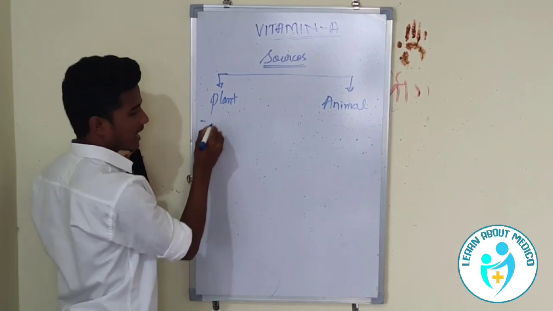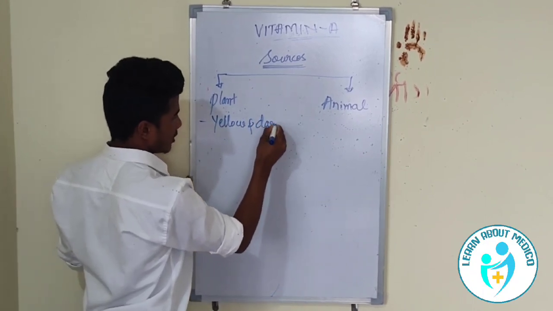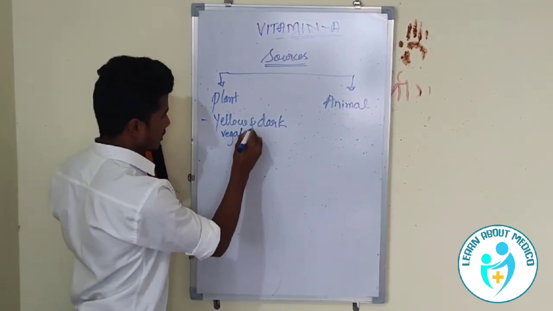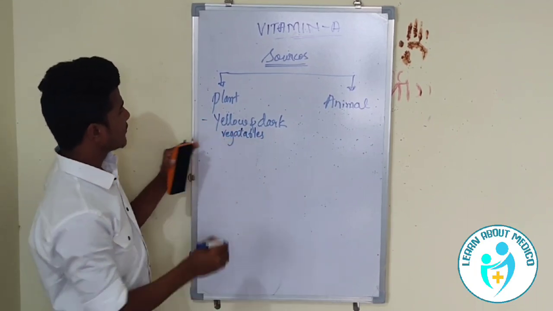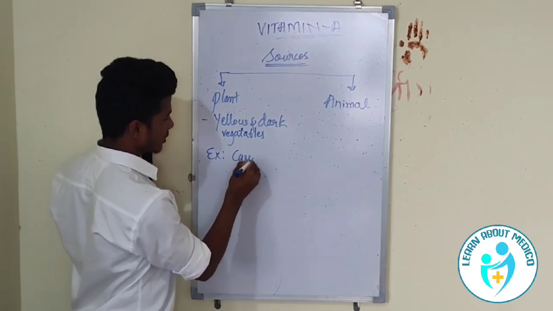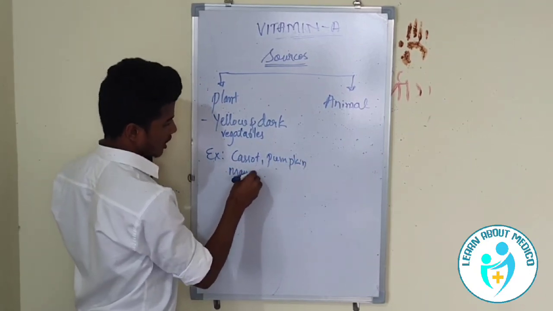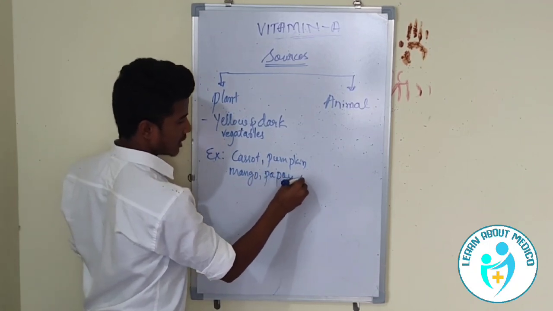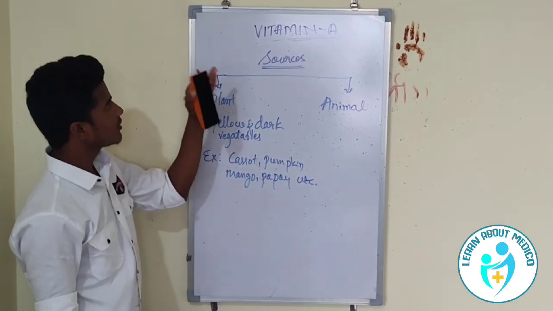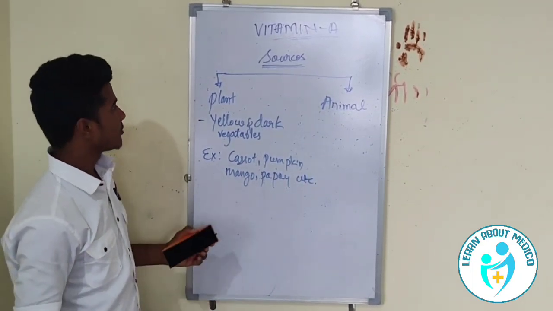In plant sources, the yellow and dark vegetables are the good plant sources of vitamin A. For example, carrot, pumpkin, mango, and papaya are good examples of plant sources.